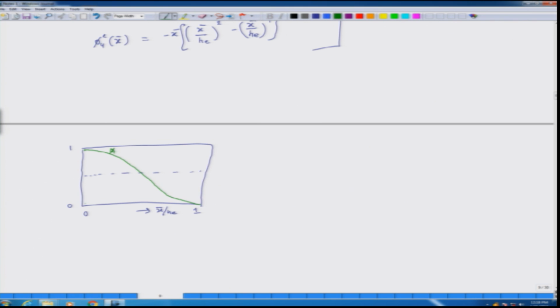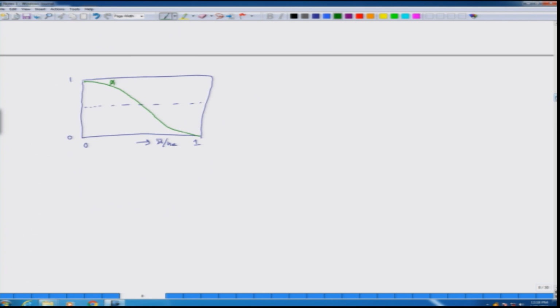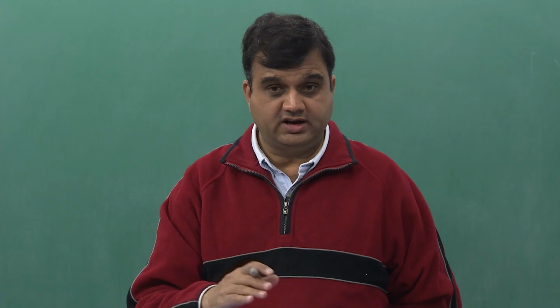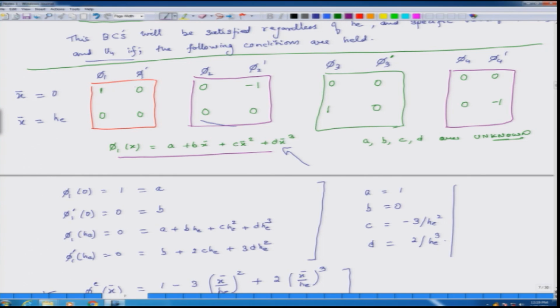and phi 3, which is the deflection at the second node, its value is 1 here and 0 here, and this function looks something like this. So, this is phi 3. If I plot the slopes of phi 1 and phi 3, they will be 0 at both the ends, because that is what our condition was.